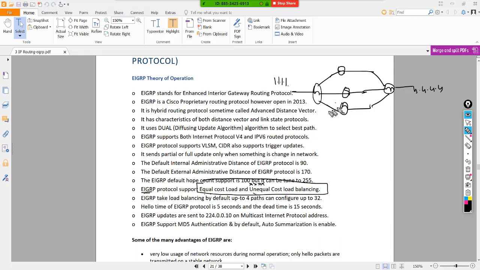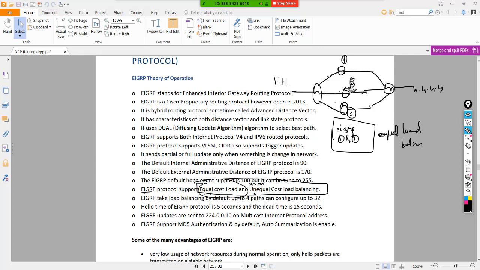Let's say I have two or three different paths, like in this case, a first way, second way, and third way to reach the destination. Now let's say I want both links to participate in my traffic flow. I don't have to bundle them. By default, this will be enabled. On my routing table, I will see that EIGRP is considering both the first as well as the second route. That's called equal load balancing.